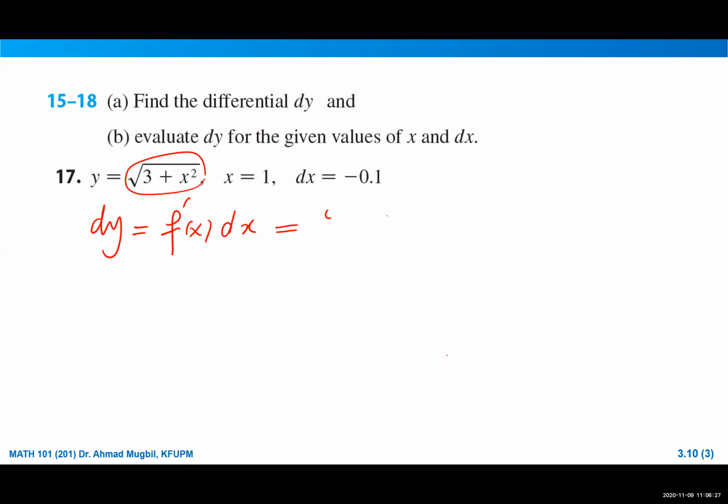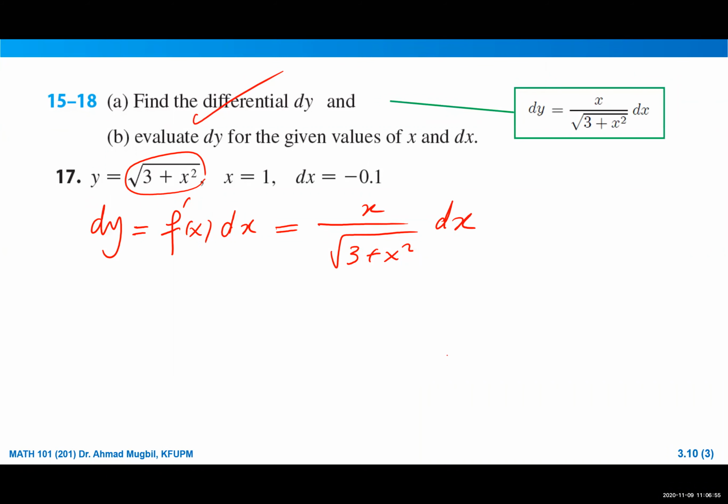It is 0 plus 2x over 2 square root. What I'm doing, Shabab, is differentiating the square root by using the chain rule, multiplied by 0 plus 2x. Instead of that, we usually write it here, so it will be 2x, and the 2 will be cancelled with 2. So this is what we have. Don't forget dx. Now this is dy. This is part A.